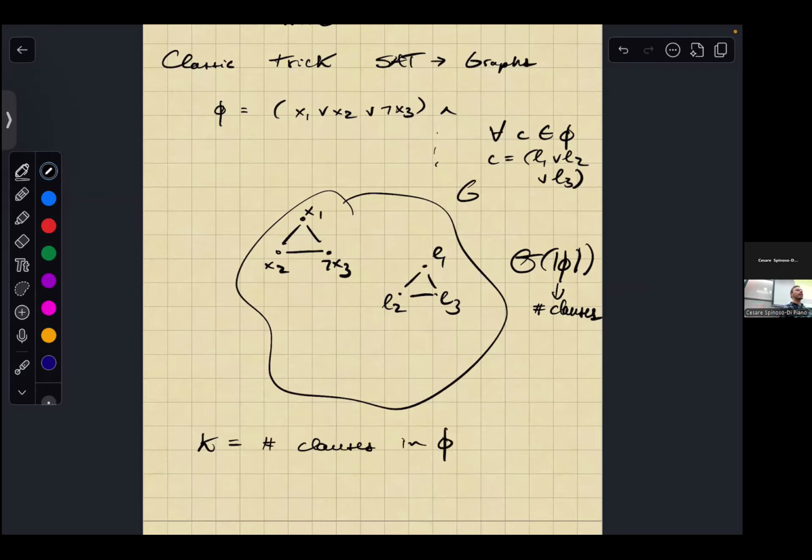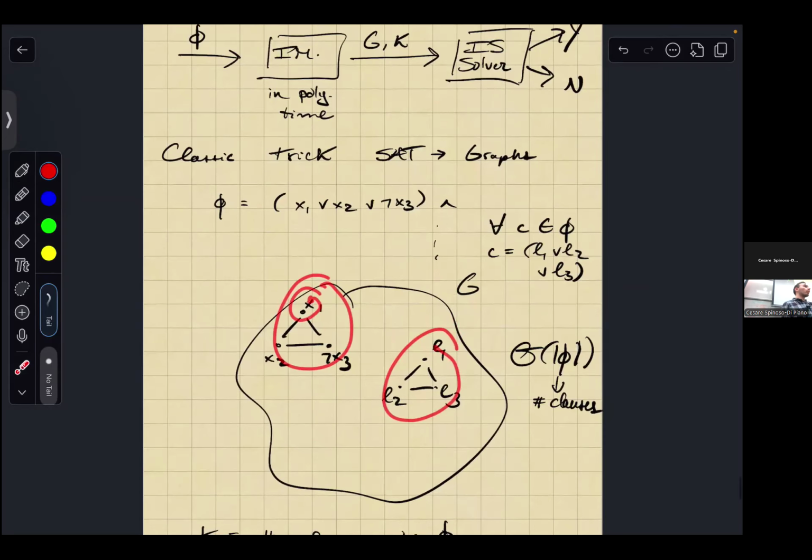I want an independent set of size equal to the number of clauses in phi, because I want each triangle to have one variable that allows me to satisfy the corresponding clause. That's how I'm trying to connect these two problems together.